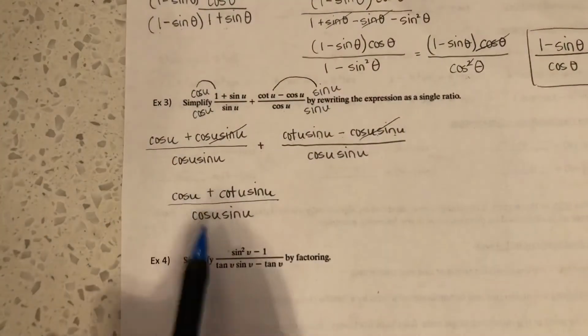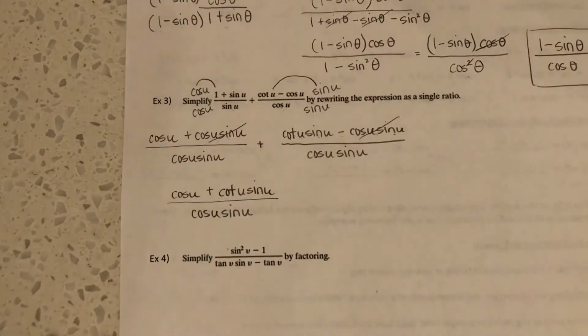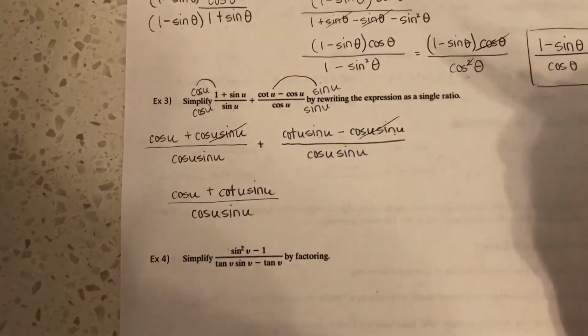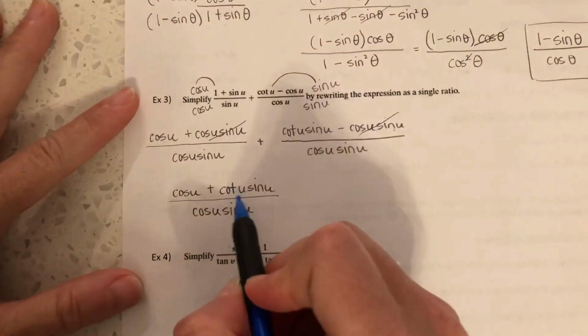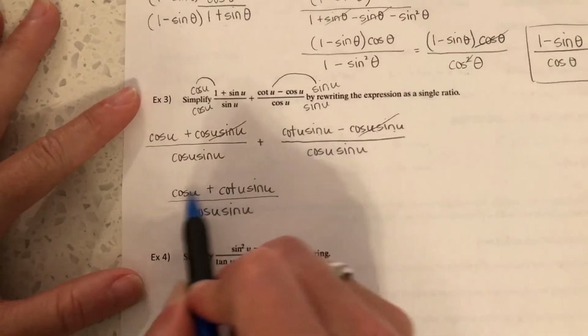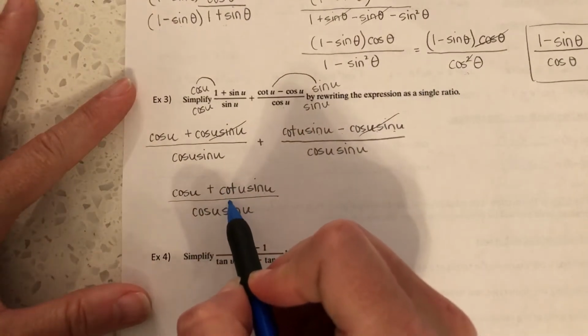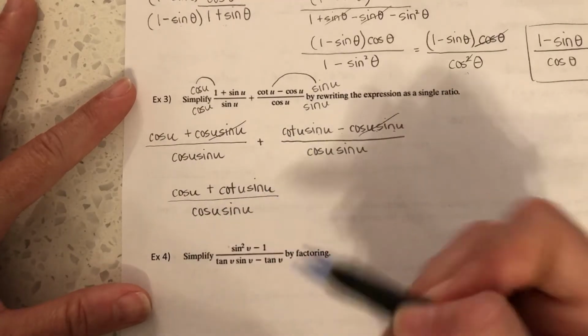Now again, don't get crazy and think they cancel because they can't because of that addition. You cannot cancel them. So in this case, what you're going to want to do next is, well, I don't know, things might start popping out to you as you work with these, but if you think about this term, right, like they're not like terms, so how would I add them together any more than they already are? Well, again, here might become a good time to try to get everything in terms of sines and cosines.